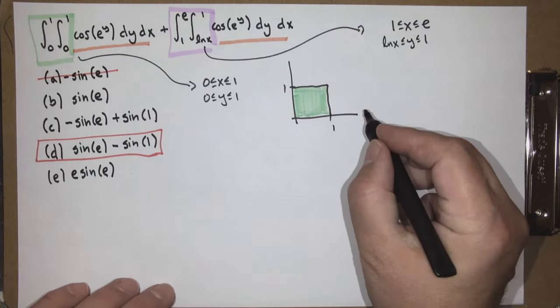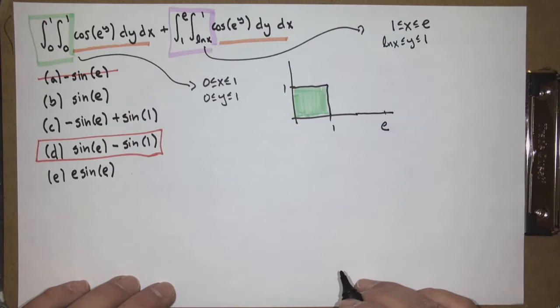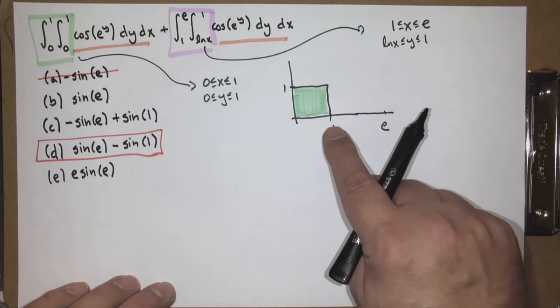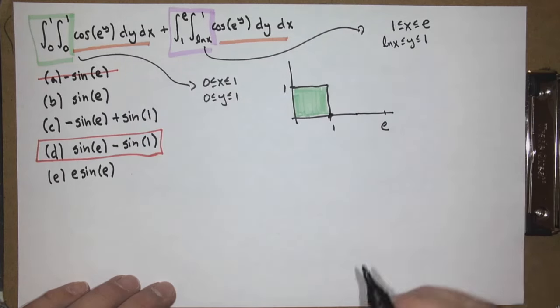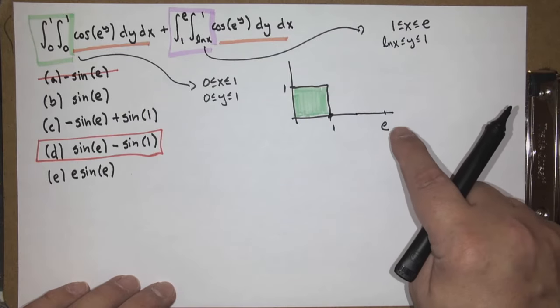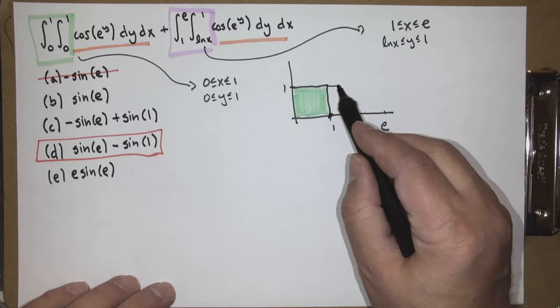Now, e, that's about 2.7, say roughly here. Log of x. Now, I don't know much about log x, but I know it goes uphill. What is log of 1? 0. So it's going to pass through this point. That's very convenient. Does anybody know what log of e is? Oh, it's 1.